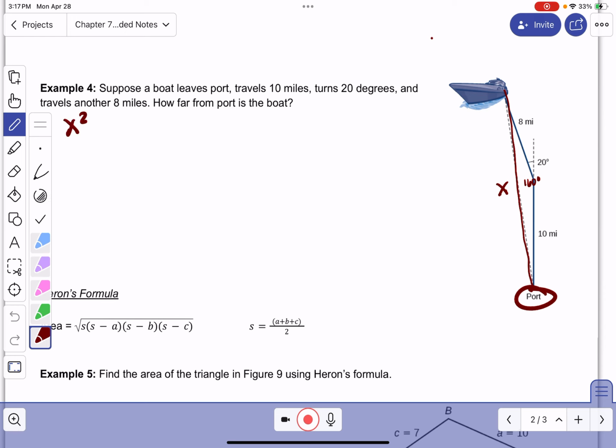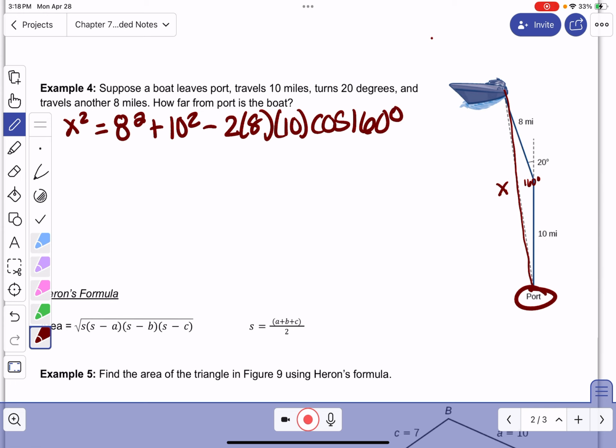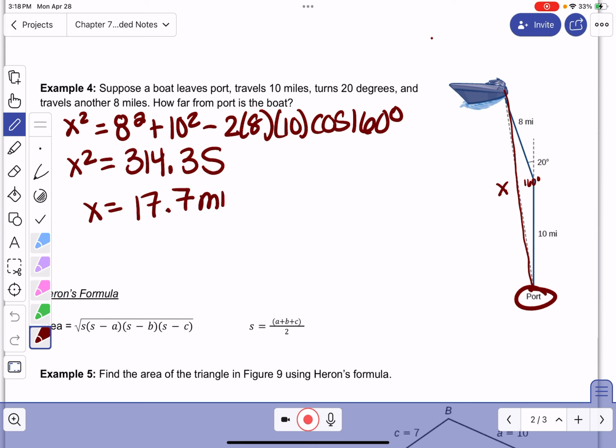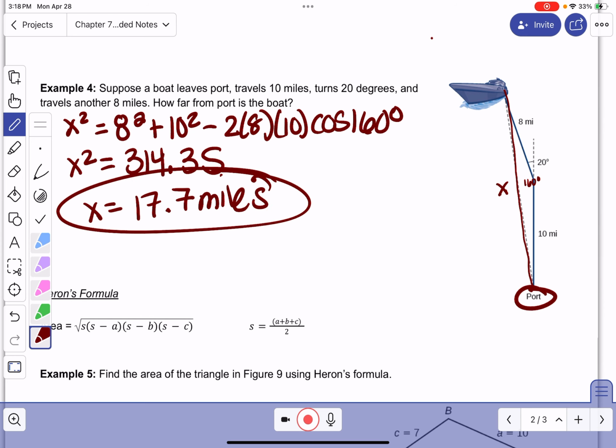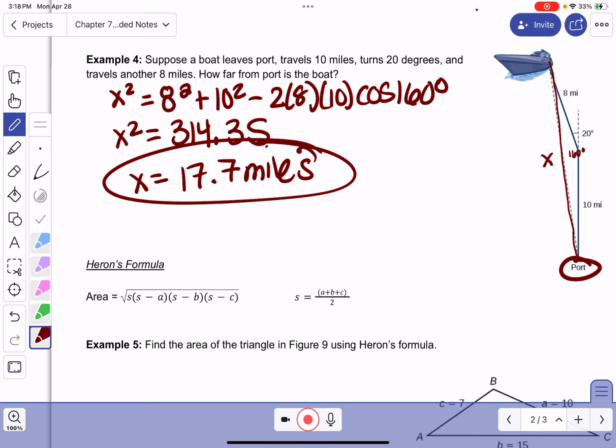It's across from the angle, so we would do x squared equals 8 squared plus 10 squared minus 2 times 8 times 10 cosine 160. If you type that all in the calculator, you get 314.35. Take the square root, you get 17.7 miles. So it's the same idea. I just wanted you to see an application of it in real life.